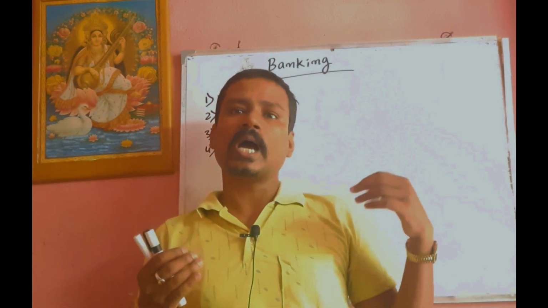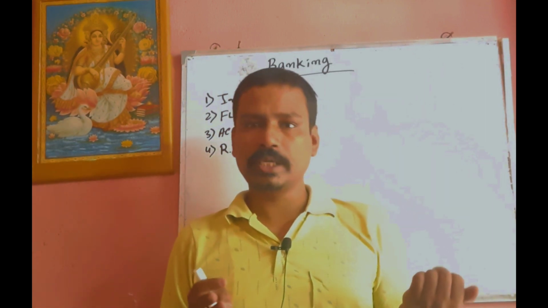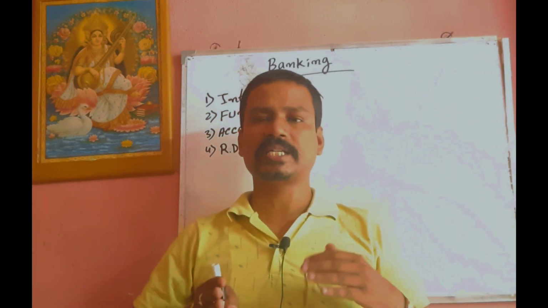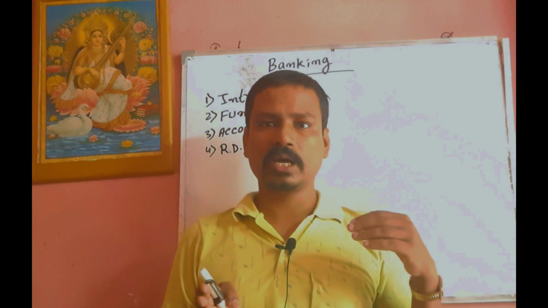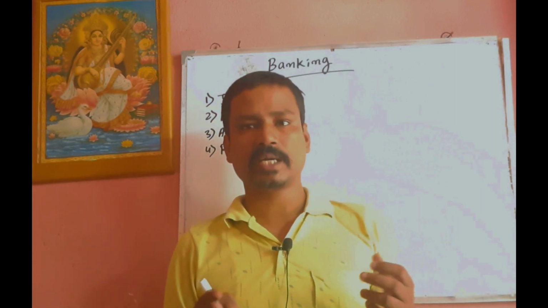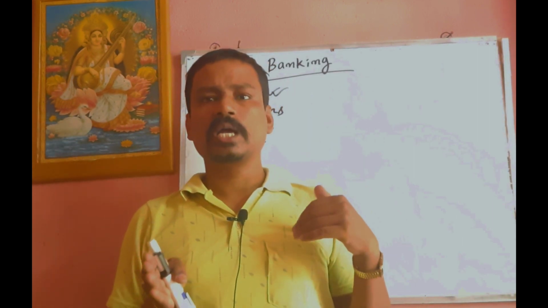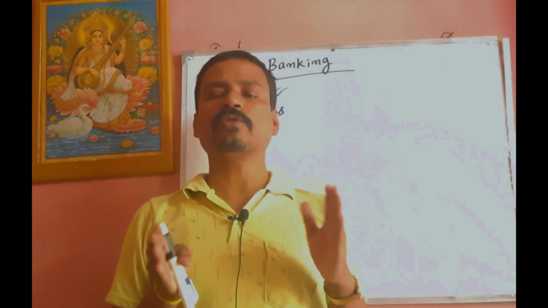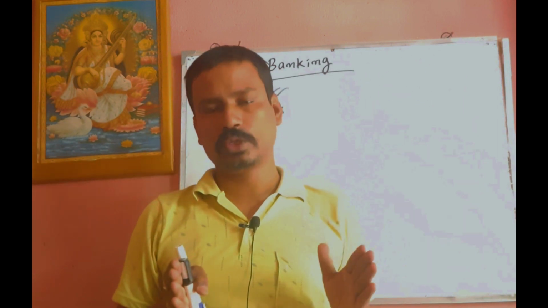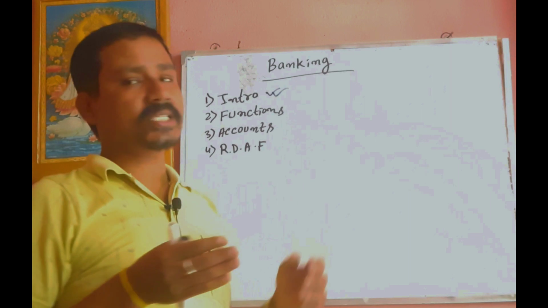From a banking institution we can take a loan for housing, for buying a house, for buying vehicles, and many more purposes. And for that amount we have to pay some interest to the bank. This is one kind of financial institution we are discussing, that is, banking is a financial institution or banking institution.